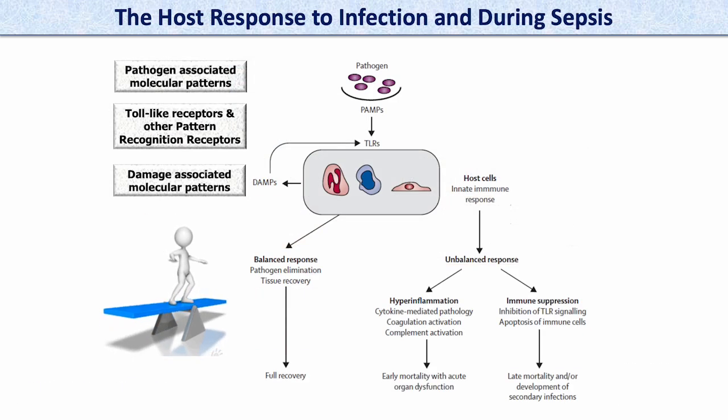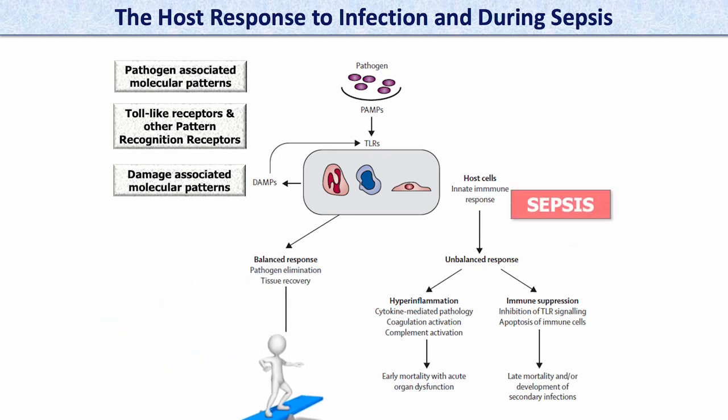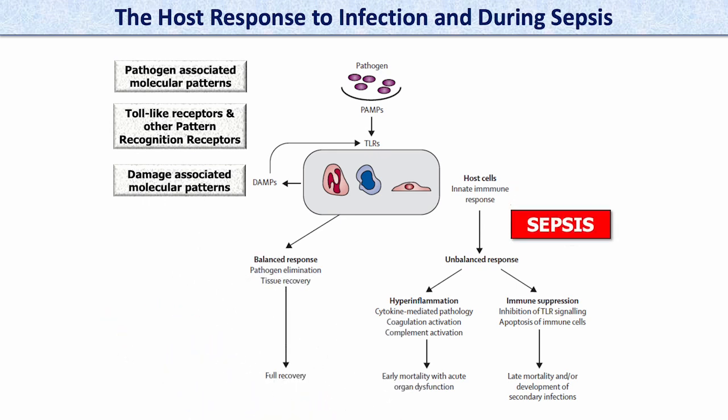An adequate immune response to an infection is characterized by pathogen elimination, which is instructed by the pro-inflammatory response, and tissue recovery, which is mediated by anti-inflammatory repair mechanisms, resulting in full recovery. However, in sepsis, the same mechanisms that contribute to this balanced immune response become unbalanced, which then results in hyperinflammation and immune suppression that characterizes what we currently believe is the sepsis host response.